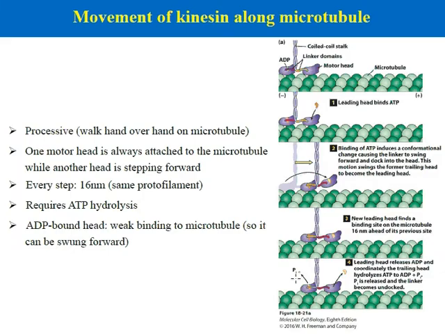And also from this diagram, you realize that every step, so this is one step, right? You went from here to here. Every step, the distance is 16 nanometers. So this is 8 nanometers, and this is another 8 nanometers.